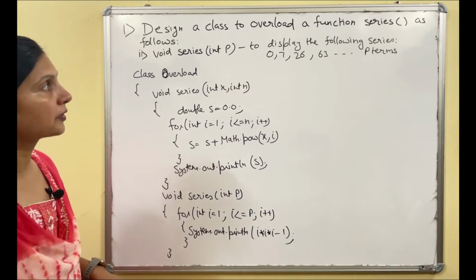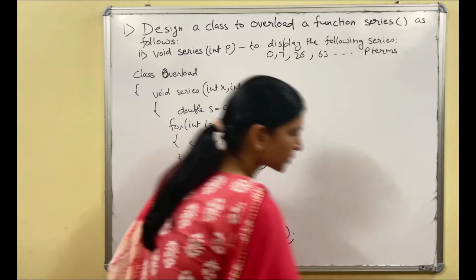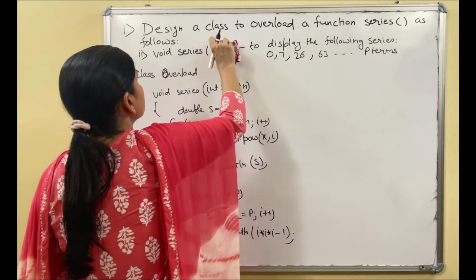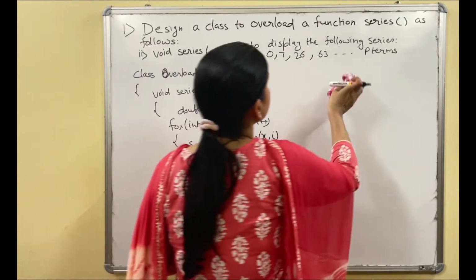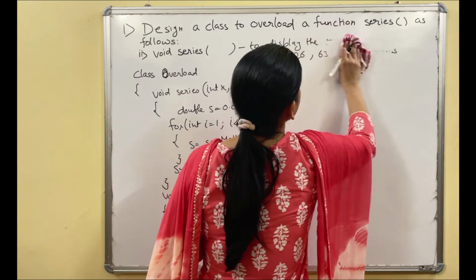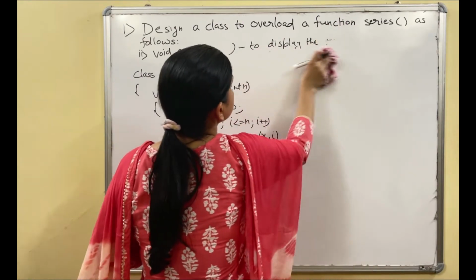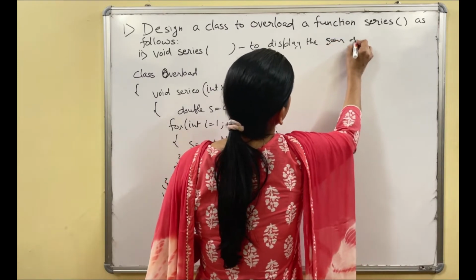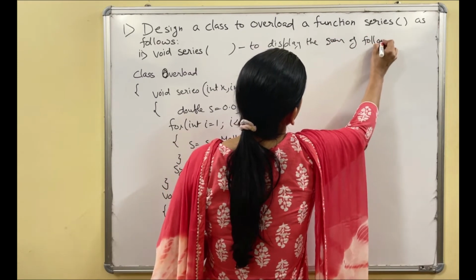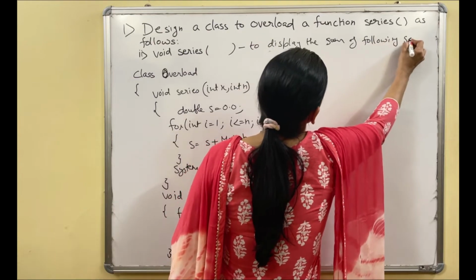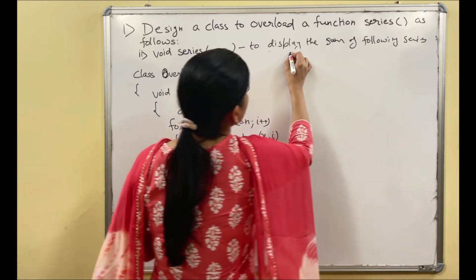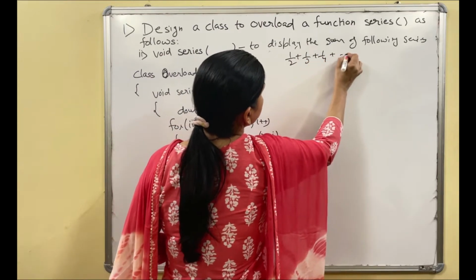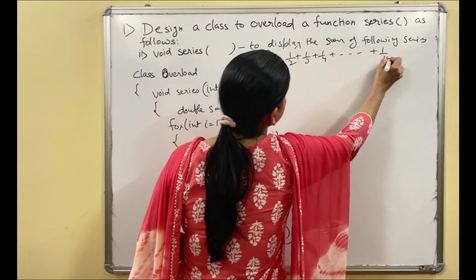Now only the third function is left. In the third function, no parameter is given and we need to display the sum of the following series. The series was 1 by 2 plus 1 by 3 plus 1 by 4 up to 1 by 10.